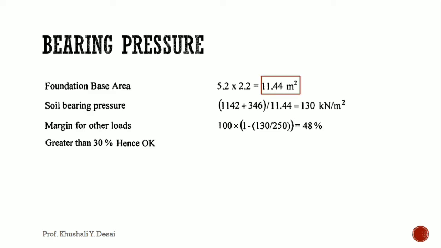The soil bearing pressure due to this will be the total weight of foundation, that is 1142, plus machine 346 kilonewton, upon the total foundation area, that is 11.44, which comes out to be 130 kilonewton per meter square. So the margin for other load with respect to the SBC of 250 is 48%, which is greater than 30, hence it is okay.